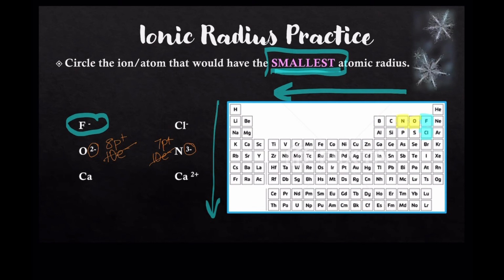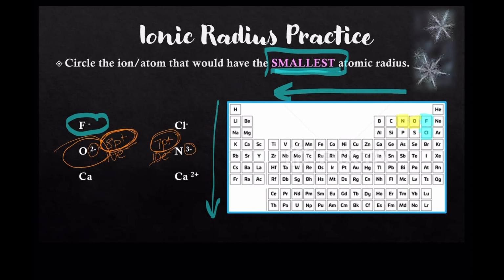We need to look at the effective nuclear charge, which has to do with the number of protons present. So protons then become the determining factor. The one with more protons will exert a greater attractive force on the outer electrons, pulling them in closer to it, reducing the size of the ion. So oxygen is the answer here in terms of which one has a smaller radius.